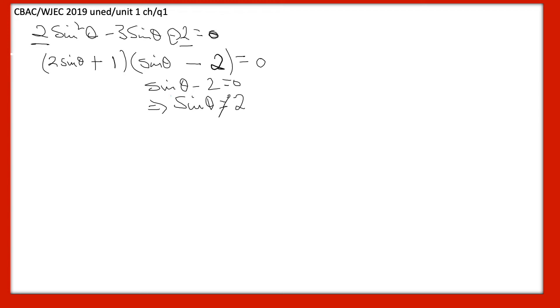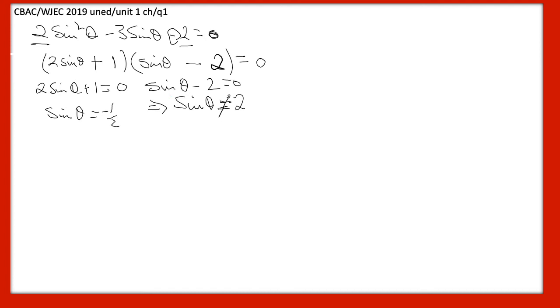So I'm just going to say it's not equal to 2 because it can't be. Some people would just cross that out or ignore it, but it's best to actually be really explicit and say this can't happen. Or my 2 sine theta plus 1 is equal to 0. So therefore my sine theta is minus 1/2.